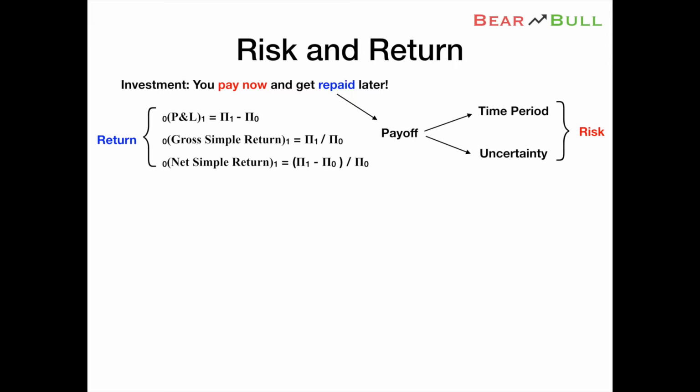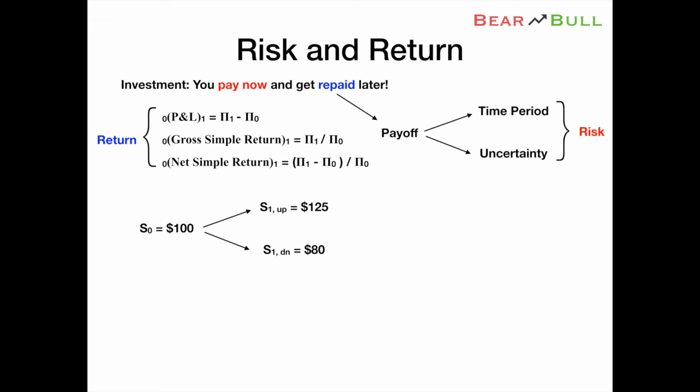Let's look at an example. Here we have stock S, which at the present time, period 0, has a value of $100. And to simplify our problem, we'll consider only two states of the economy. One up state, where the value of the stock is $125, and one down state, where the value goes to $80.